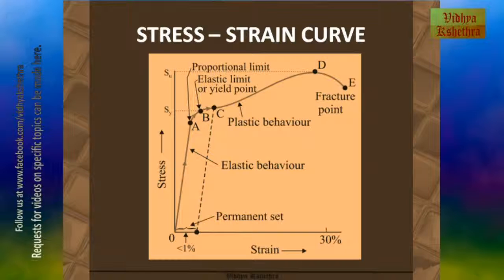Then from C to D, it shows plastic behavior. That is, for a small change in stress, a far greater change in strain is produced. Point D is the ultimate tensile strength, or the maximum stress that can be given to the material.